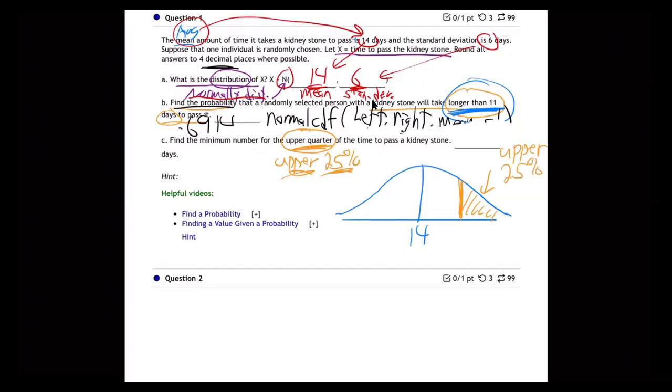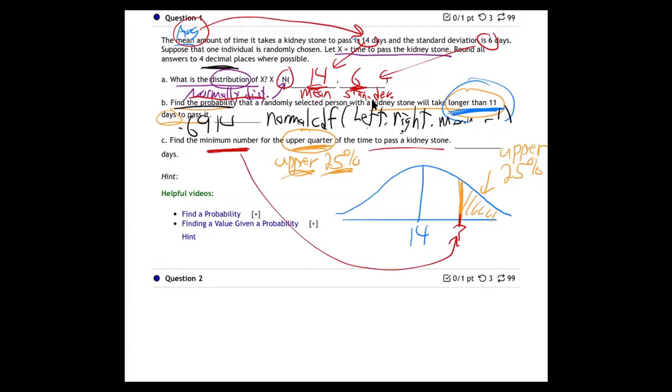Everybody seeing that? Okay, now how am I going to get it on my calculator? They want me to find the minimum number. In other words, they want me to find this number right there. They want me to find what number of days to pass a kidney stone puts you in the upper 25%, which none of us want to be in.